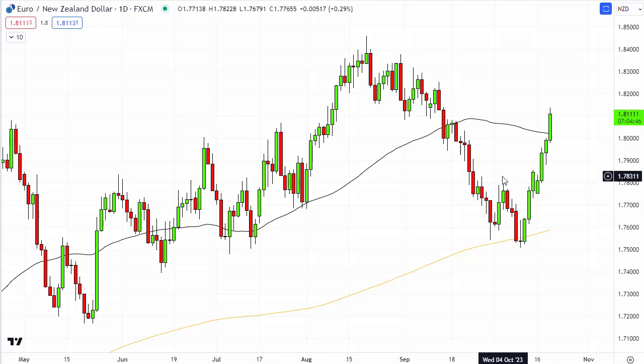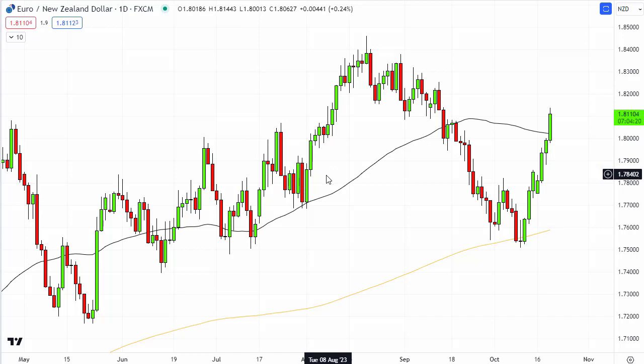But what can you do with this information? Well, the one thing that I will do at times is, if I'm looking at a potential setup on the likes of the euro dollar, to see how the euro's getting on against other currencies as well. So if the euro's breaking out, for example, against the dollar, is it breaking out against other pairs?